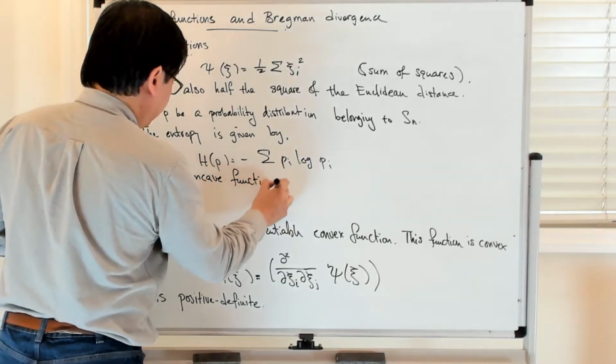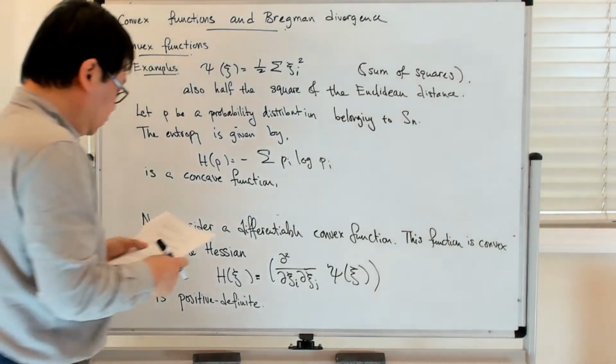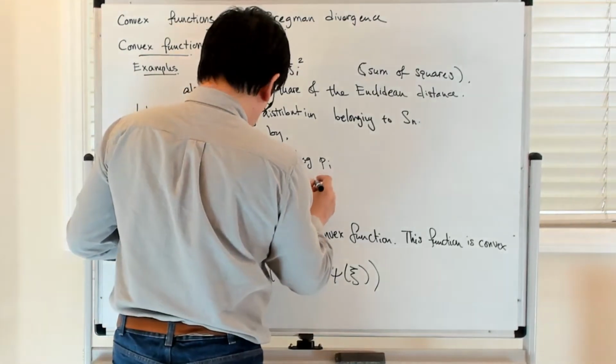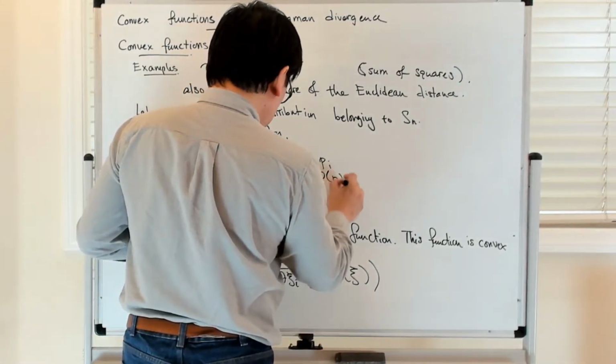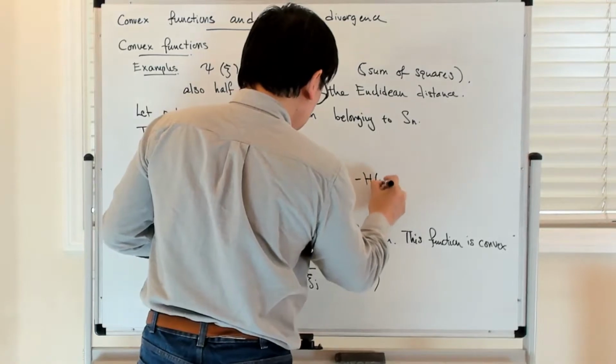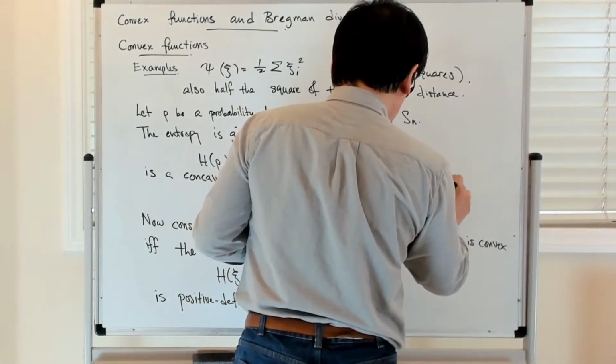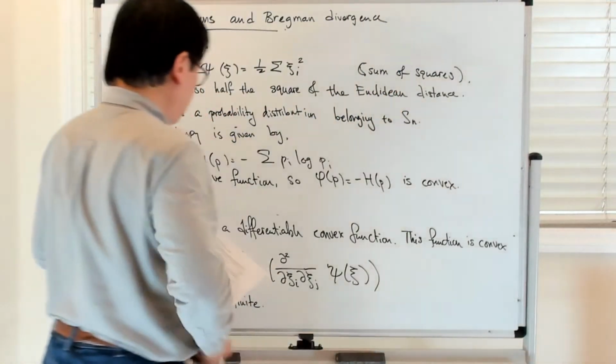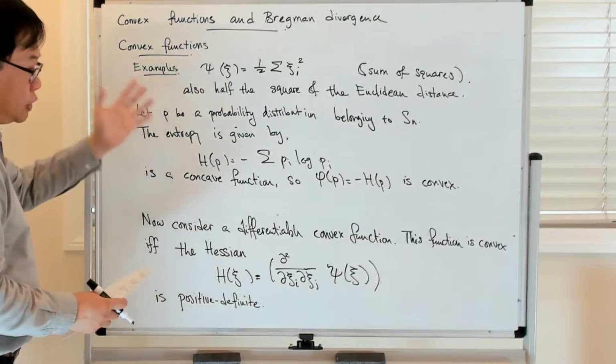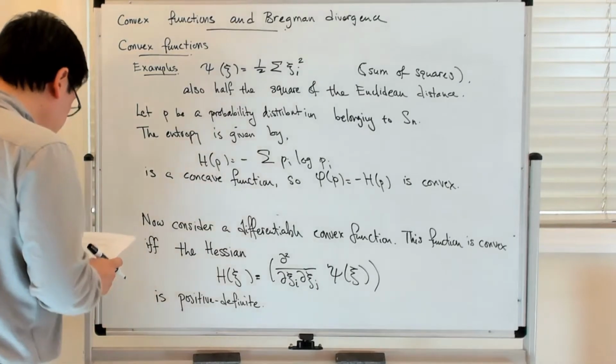So its negative is a convex function. This is the Shannon entropy, for example.